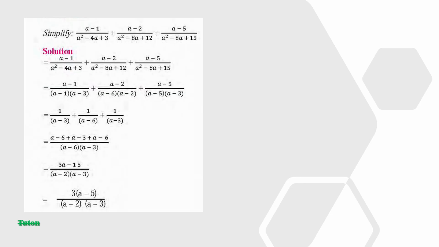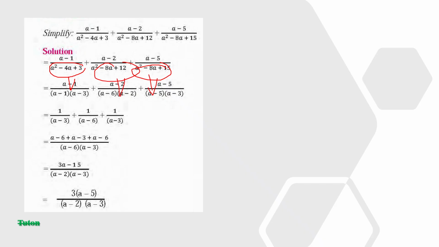Now for understanding this question, first we have to understand how this and this terms broke down into this and this terms respectively. Now let me show you an example.